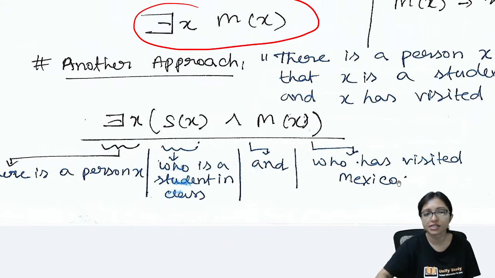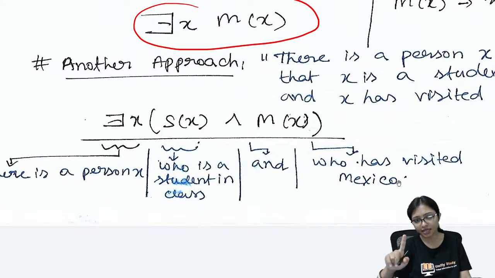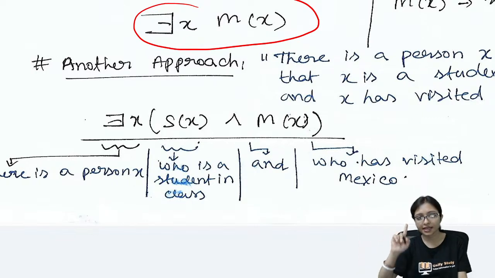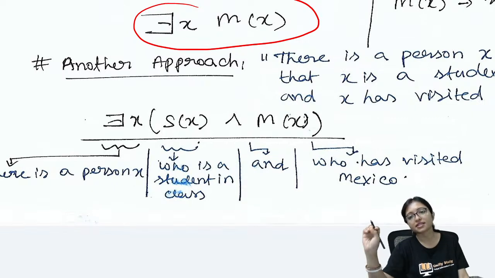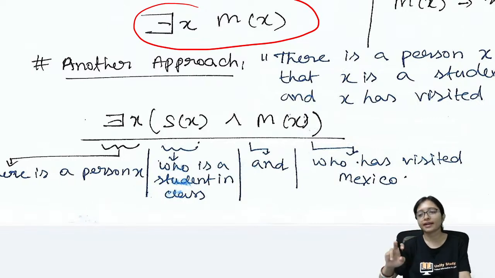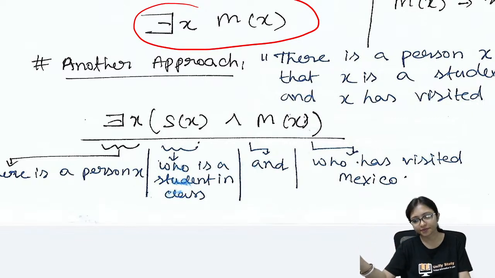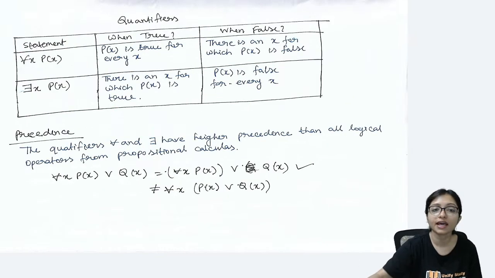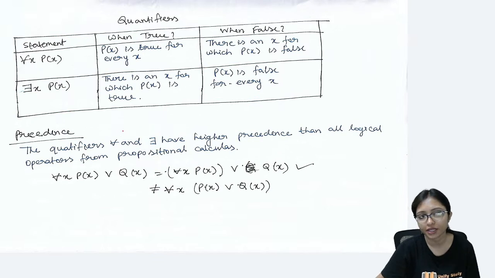Here I can represent like this. There exists x, S(x) and M(x). There is a person who is a student of the class and who visited Mexico. So with the there exists, I can use the and. Got it? With the there exists, we can use the and. Is this clear? Must remember that, but here we cannot represent like implication.